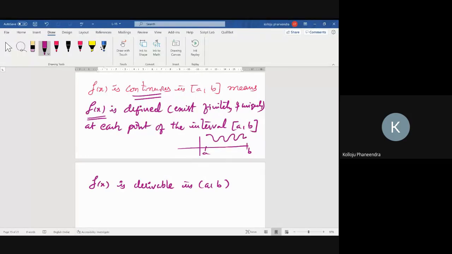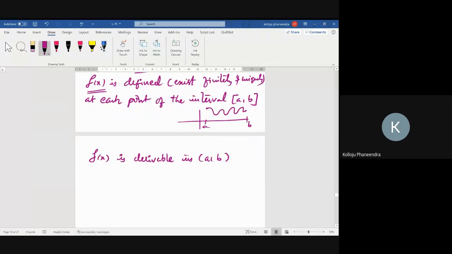What does derivable mean? Do you know what a derivative is? F of x has a derivative means the curve y equal to f of x has a tangent.